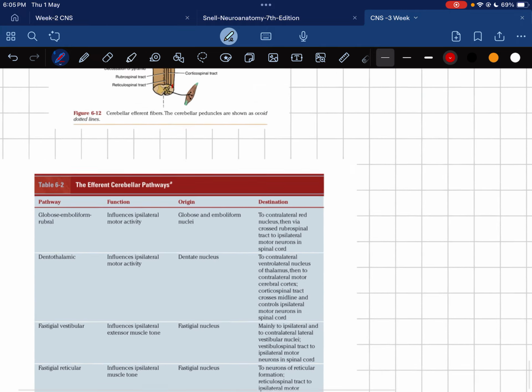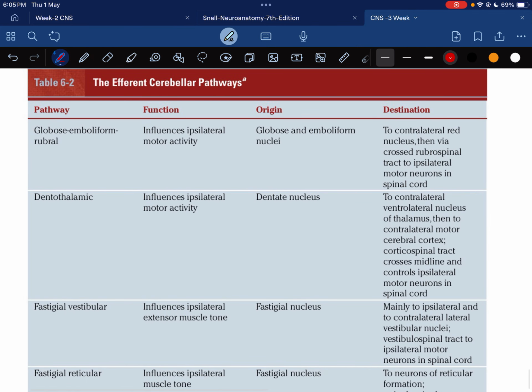So we have the summary chart. In the summary chart there is the globose-emboliform-rubral tract. Its origin is the globose and emboliform nuclei in the cerebellum, and its destination is the contralateral red nucleus, and then it crosses via the rubrospinal tract and ends on the ipsilateral motor neurons in the spinal cord.